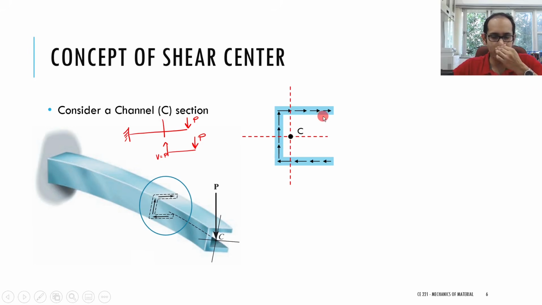So if we now draw the magnitudes as we had done in the previous example, you are going to have a linear variation.